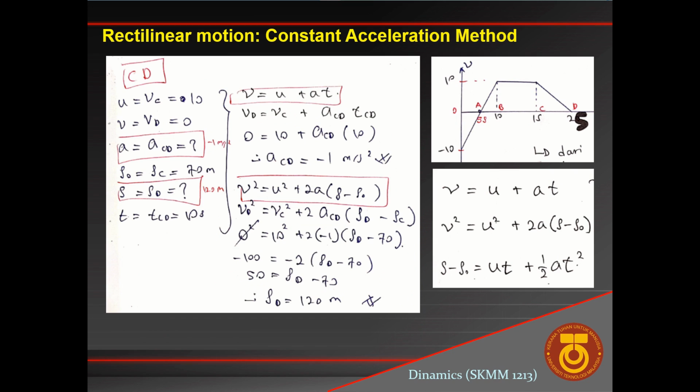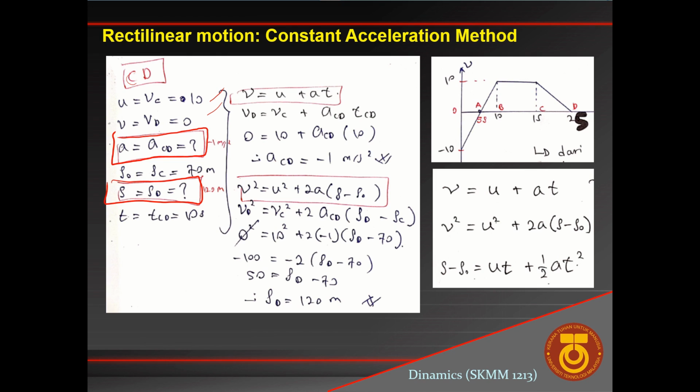Now we still don't know the value of A. So you have to calculate the value of A, and we also don't know the displacement at point D. So you have unknowns here. Other values we already know. So I use this equation, V final will be D, initial is C, plus A, acceleration from C to D, times time taken.